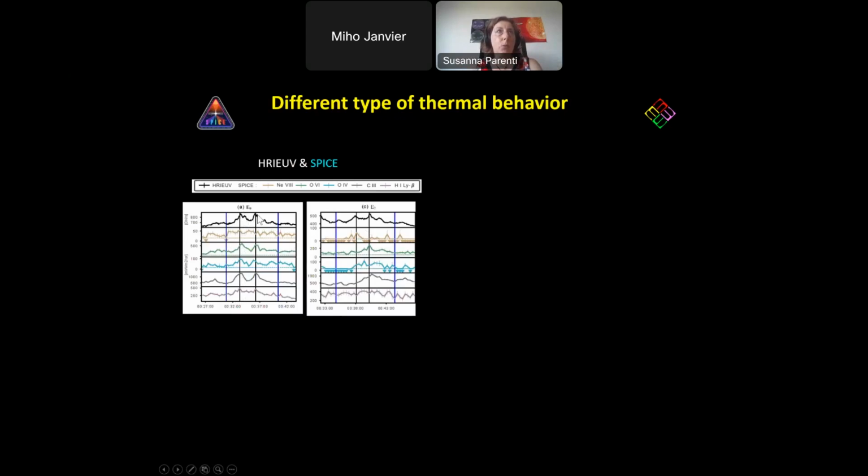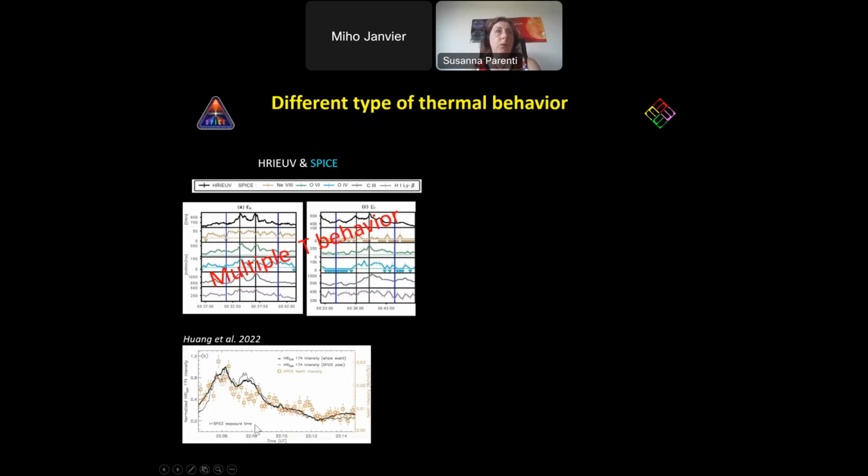In this event, you have two peaks, with no signature in the neon 8 line, while they are clearly reproduced in the cooler line. In this other event, the first peak is seen in neon 8, but not the second peak, which is seen only in the cool line. So clearly there is a multi-temperature behavior here.